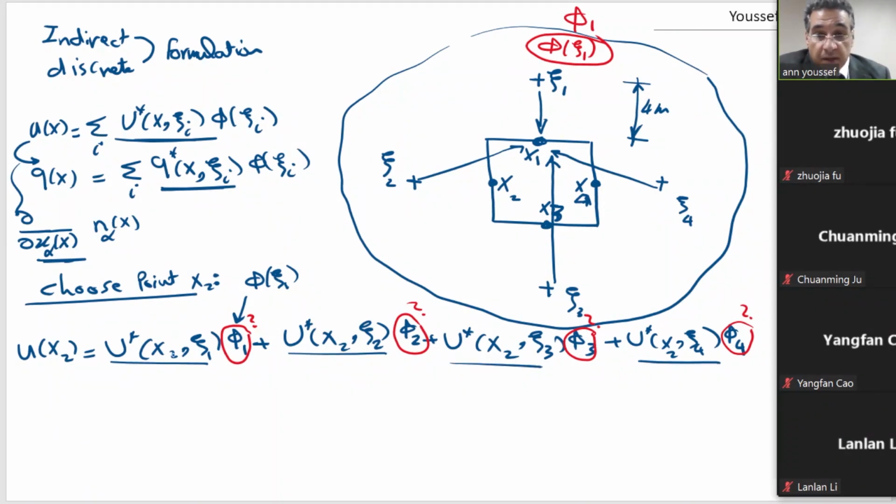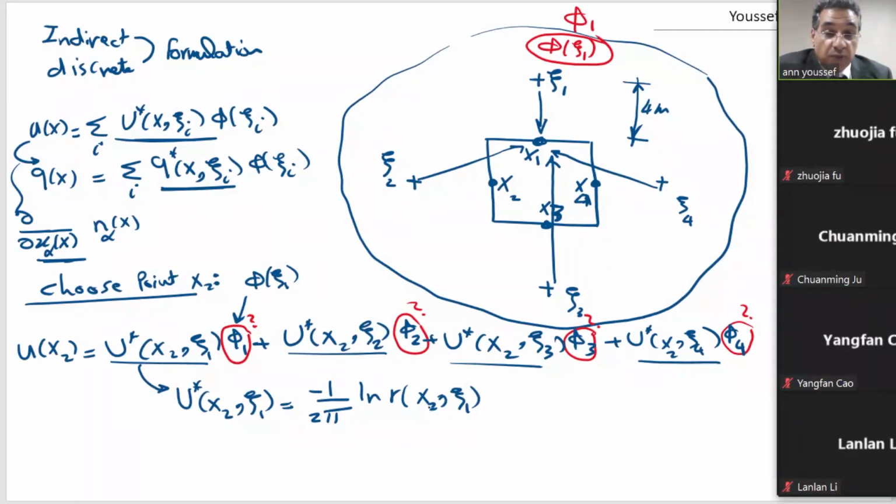For example, let us take this value. This value is u asterisk of x2 and xi1, which is equal to minus 1 over 2 pi times ln r between point x2 and xi1. Where is the r between x2 and xi1?